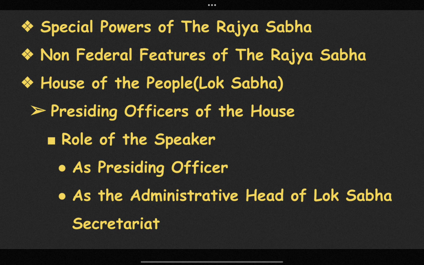The President conducts the oath to the Protem Speaker at Rashtrapati Bhavan. The Protem Speaker conducts the oath to the newly elected members of the House. The Protem Speaker conducts the election of the Speaker. If the Protem Speaker is himself a candidate for the post of Speaker, the President will appoint another member of the House as Protem Speaker.